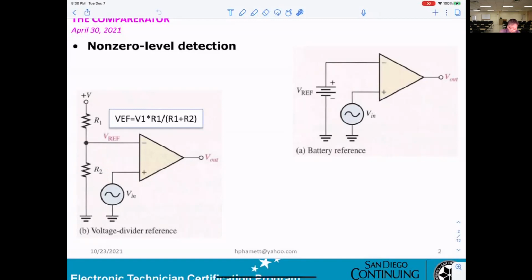The earlier version was wrong, so change that one. This is the V1 here.